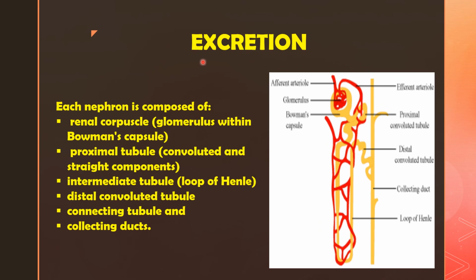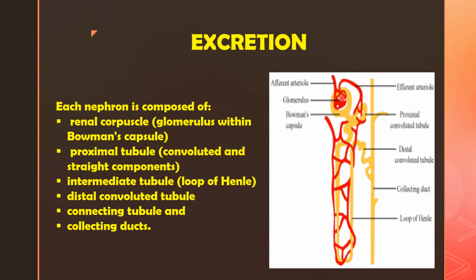Now in this slide, I'll describe the process of excretion. The process of excretion actually includes the structure of the nephron. Each nephron is composed of, first, the renal capsule or corpuscle, that is the glomerulus within a Bowman's capsule.